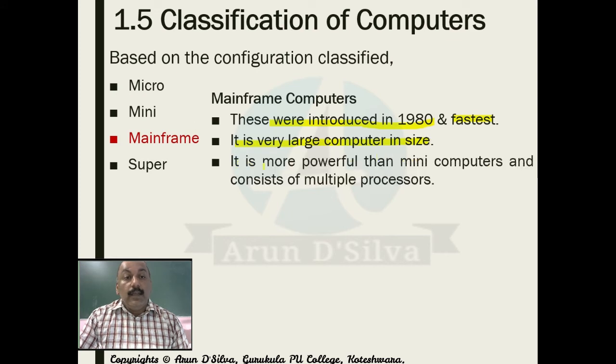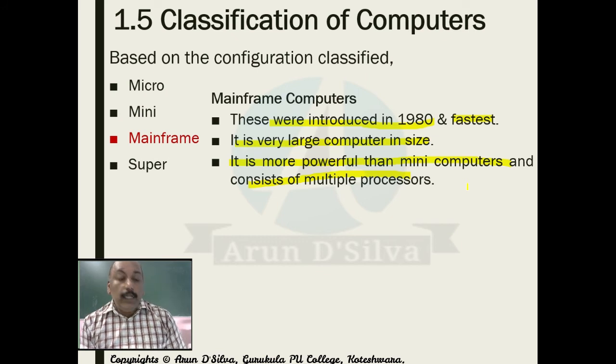Okay, and it is more powerful than mini computers and consists of multiple processors. Not one processor or two processors, it will have many processors. For each work, there will be a specific processor for that itself.